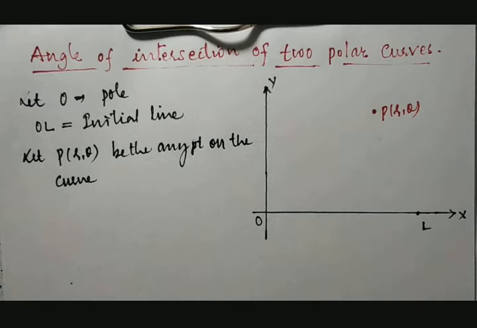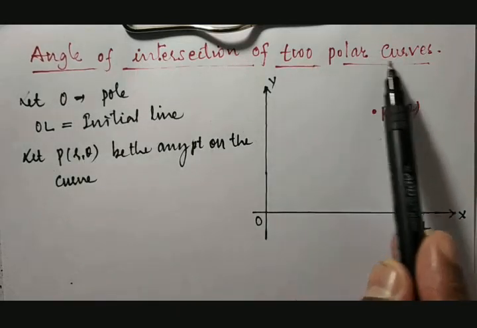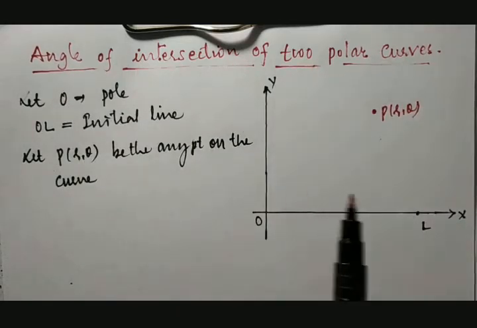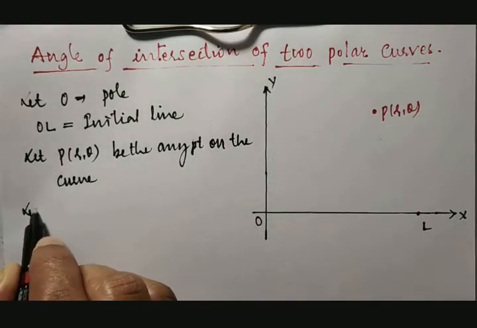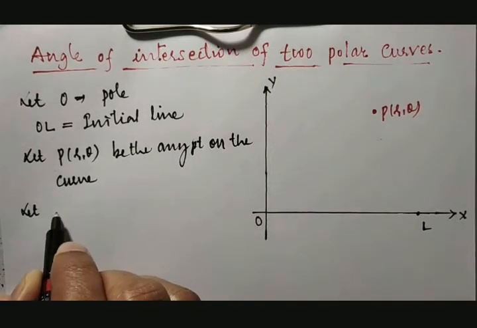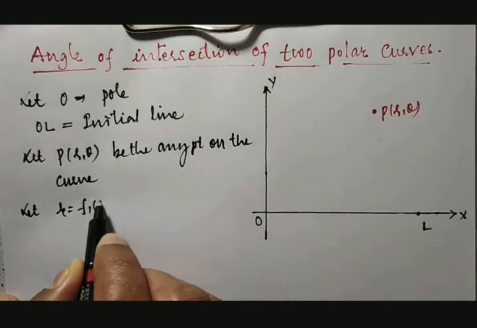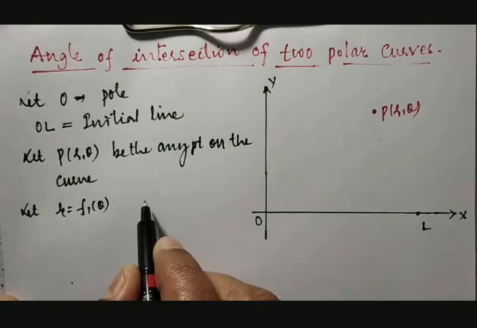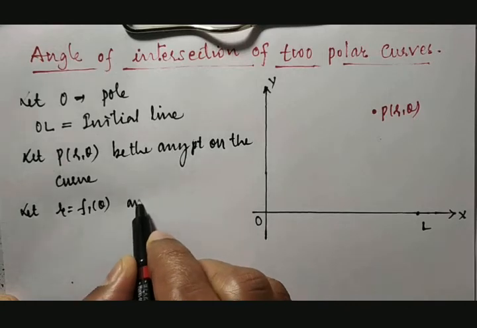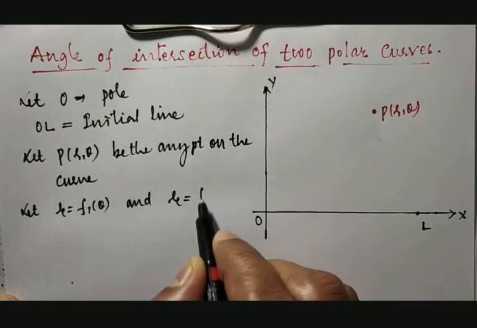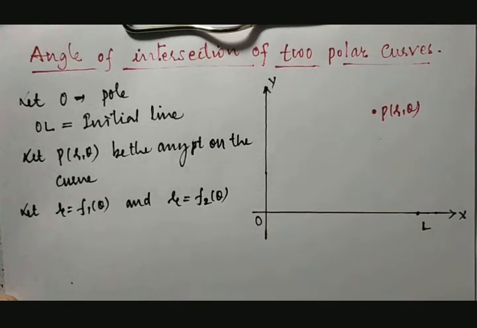But here, when we take angle of intersection of two polar curves, there will be no single curve, there will be two curves. First I'll take one curve, let R is equal to F1 of theta, and R is equal to F2 of theta.